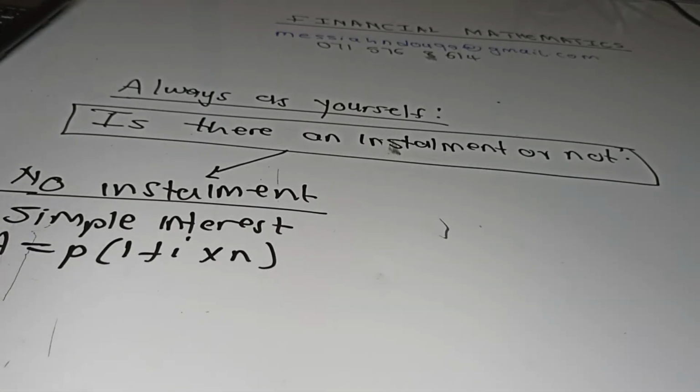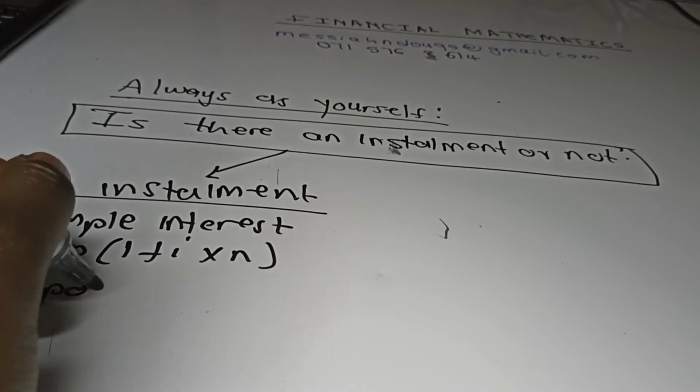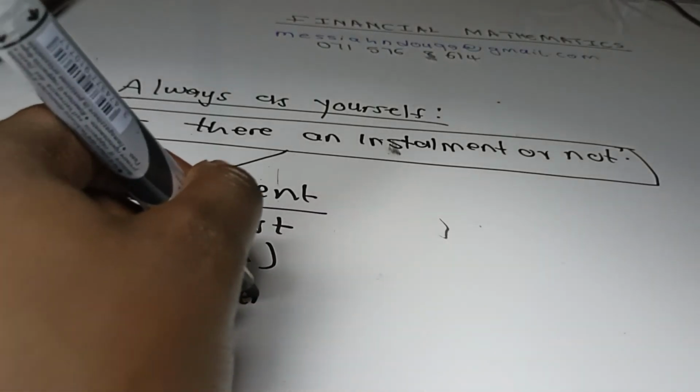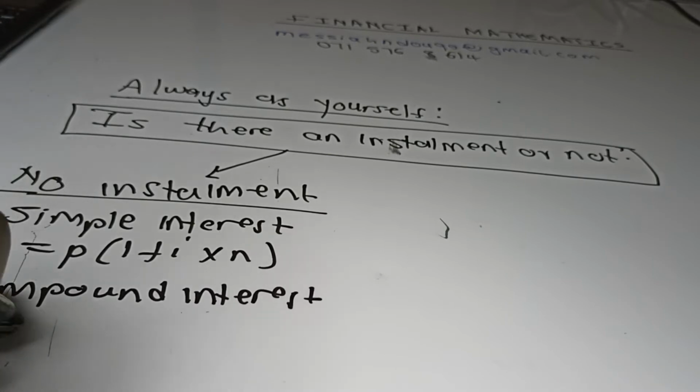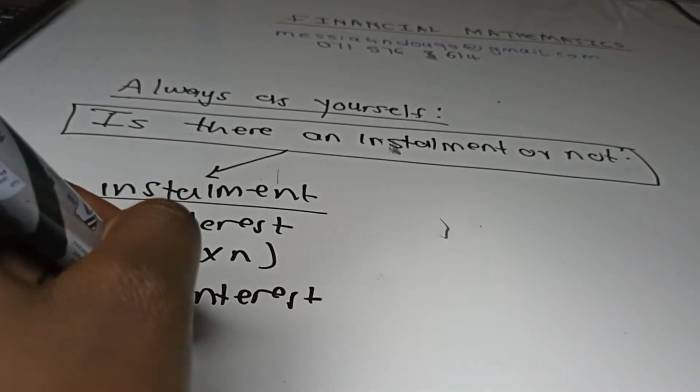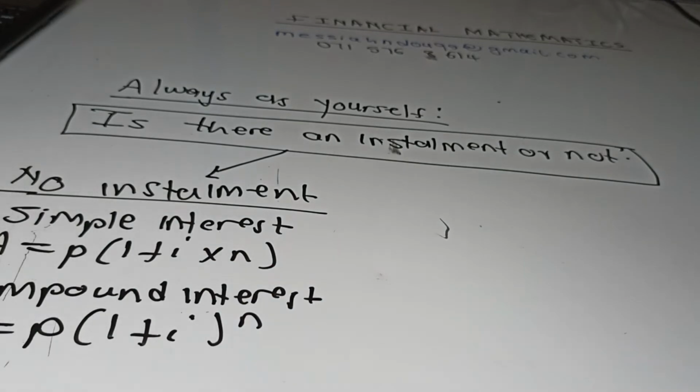If you find that it is based on compound interest, this is the right formula for you to use. For compound interest, our formula is A equals P into 1 plus I to the power of N. The same applies here: A is still representing your final amount, P the principal amount, I the interest rate, and N the number of times interest is calculated.